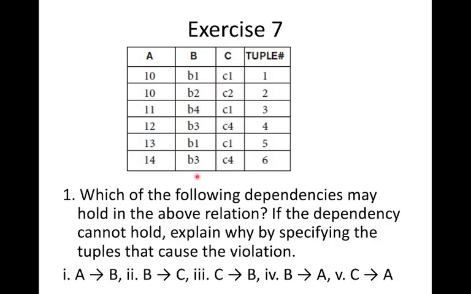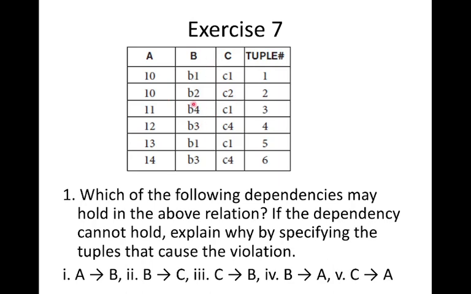I have given three exercises in this. So this is exercise 1. This is a database state. Now you have to check which of the following dependencies may hold in the above relation. If a dependency cannot hold, explain why by specifying the tuples that cause the violation. You have already learned functional dependency.